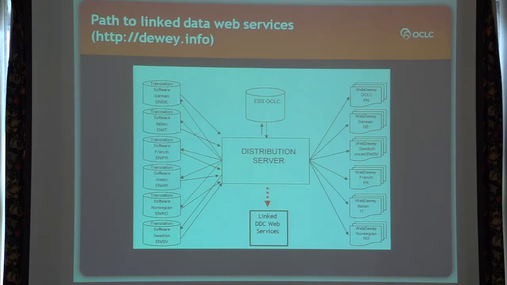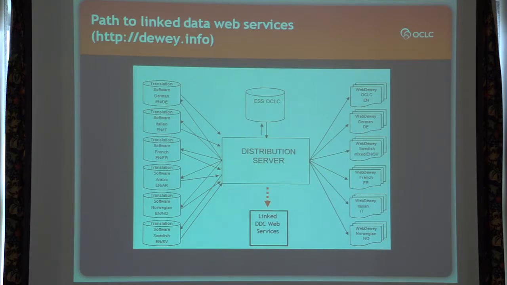Now, the other piece is our linked data services in this distribution network. And I still have this in a broken line because we're just productionizing this. We've had data out as linked data for two years now in Dewey.info. We're just productionizing that service hanging off of the distribution service.